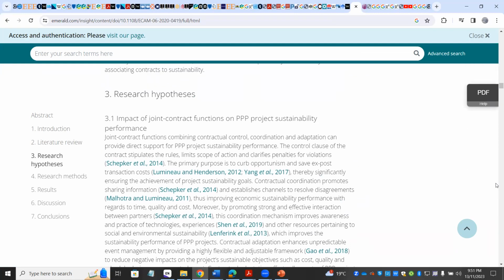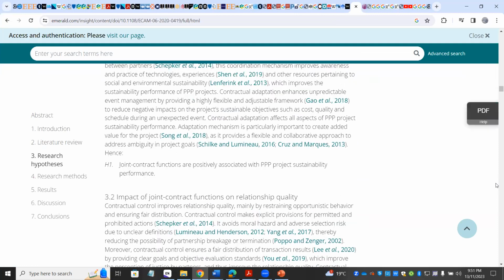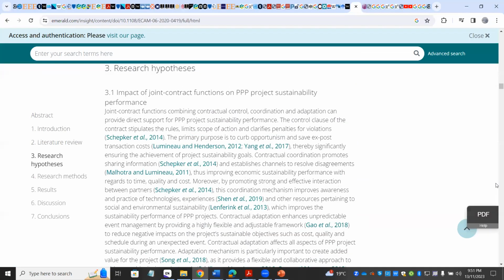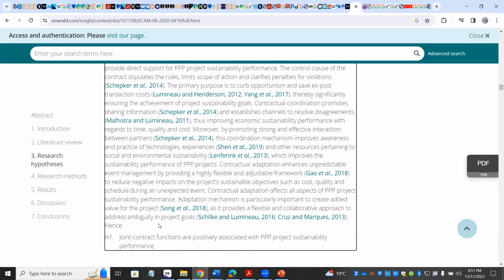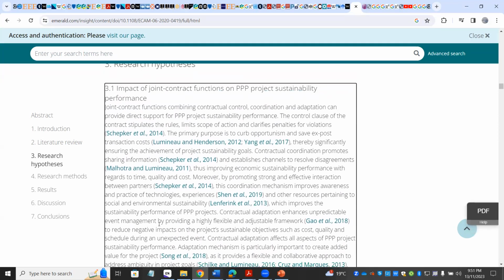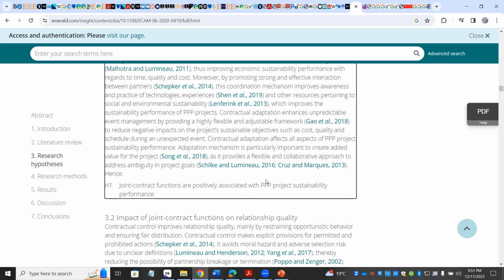Okay. This is a hypothesis. So you can see from here that this was also explained, and then they ended up hypothesizing that joint contract functions are associated with PPP, which is just an example.